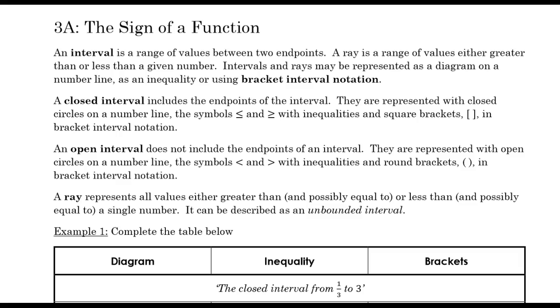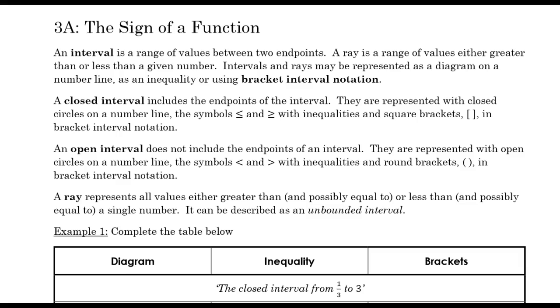An interval is a range of values on a number line. We can have an open or a closed interval, depending on whether or not we include the endpoints. And we can have a ray if we have an endpoint and everything either greater than or less than that point. We've got our bracket interval notation, which we've used before.